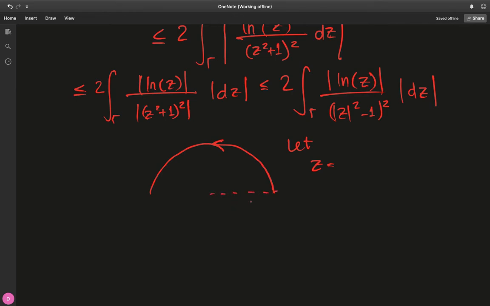Well, the radius was r, because this point was r, this point was negative r, and 0 was in the center. So z is equal to r times e to the it, and this e raised to it will help us rotate on the complex plane.